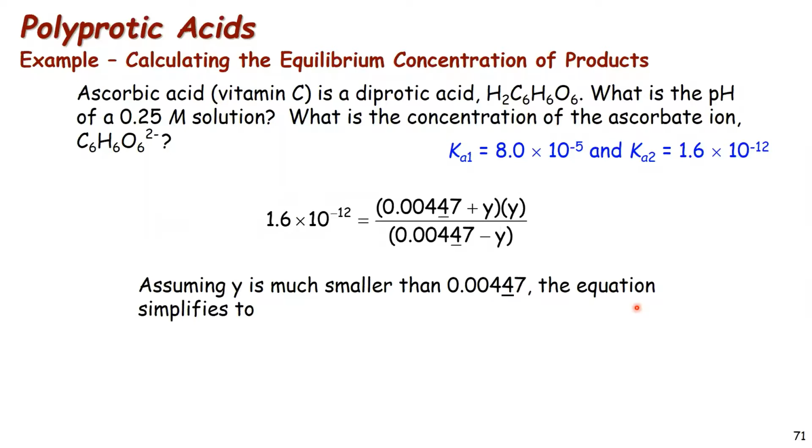Now, we're going to make an assumption, something we're going to do in the next chapter. The only time you could use that assumption, Ca over Ka, or later on we're going to see Cb over Kb, is when we're dealing with the first ionization of a weak acid or a weak base.